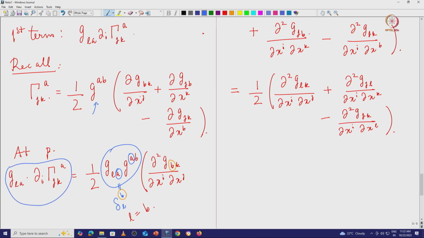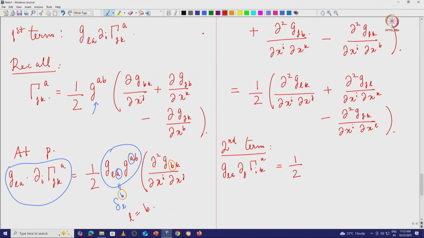Similarly, the second term also has a similar formula. So the second term is of this form. Again, wherever there is an i, you replace it with a j, and wherever there is a j, you replace it with an i.